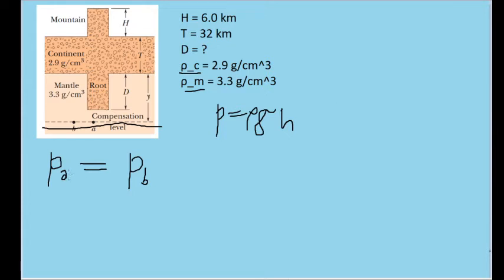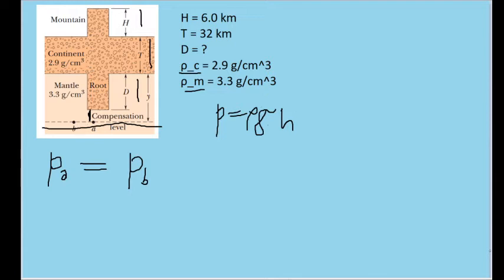For the pressure at point A, we have the density of this continental material summed up along the depths of capital H, T, and D here, plus the density of this small little segment of mantle right here.